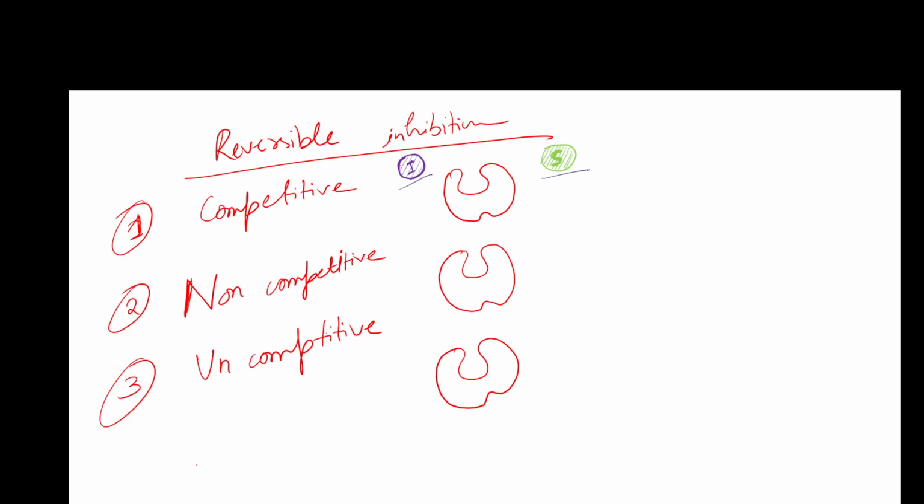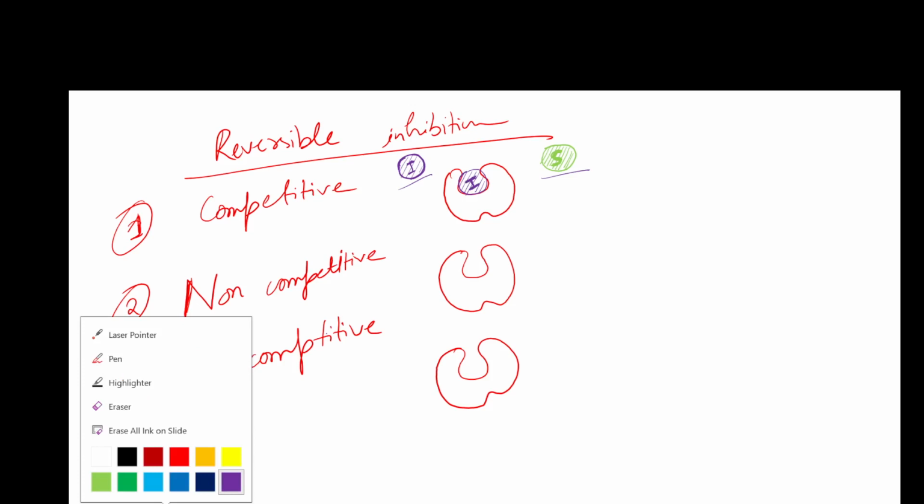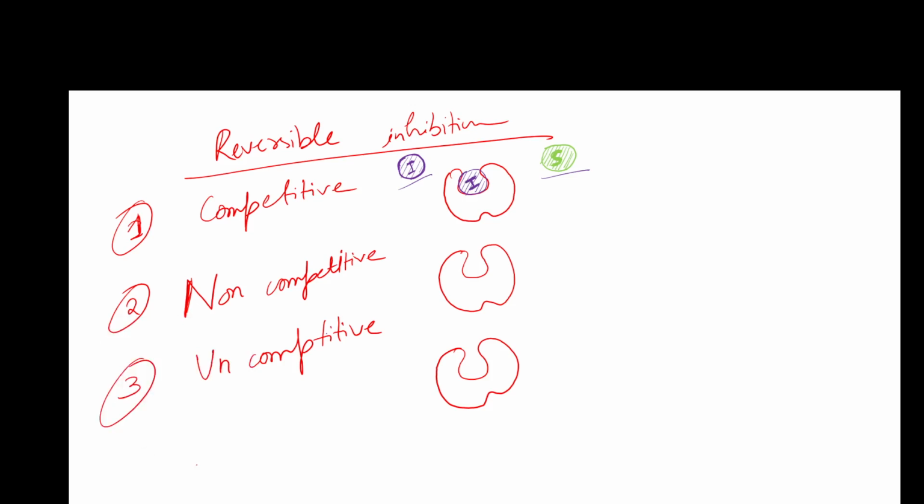The inhibitor and the substrate are structural analogs of each other. So the inhibitor competes with the substrate, and can bind to the active site of the enzyme and doesn't allow the substrate to bind, and that is how it is a competitive inhibition. So if I say this is the active site or catalytic site of the enzyme, and this is the regulatory site or the allosteric site of the enzyme.